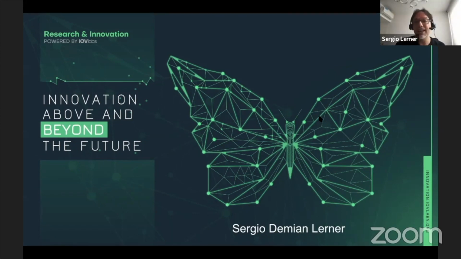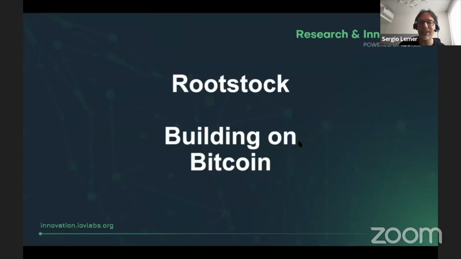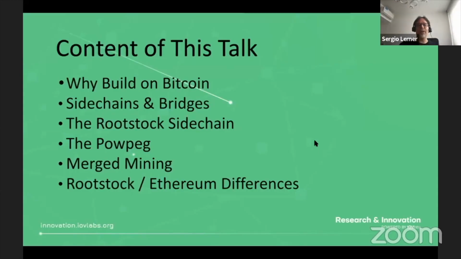So in this talk, I'm gonna give you a glimpse of what Rootstock is, but also I will try to explain why we had to create a new sidechain and cannot build on top of Bitcoin. First, I'm going to tell you why build on Bitcoin in the first place, right? And then a little bit about what sidechains are. This is a very specific type of layer 2 that you can build on Bitcoin.